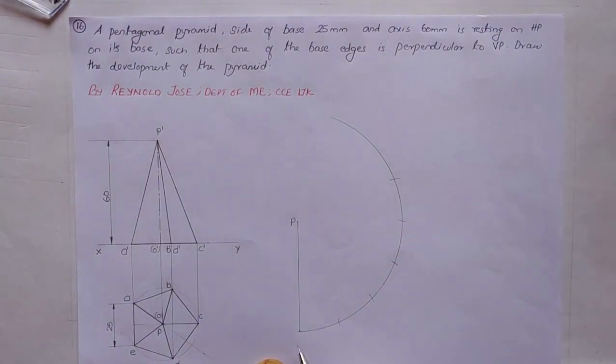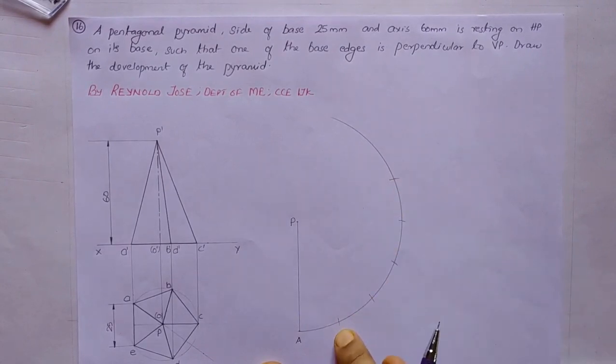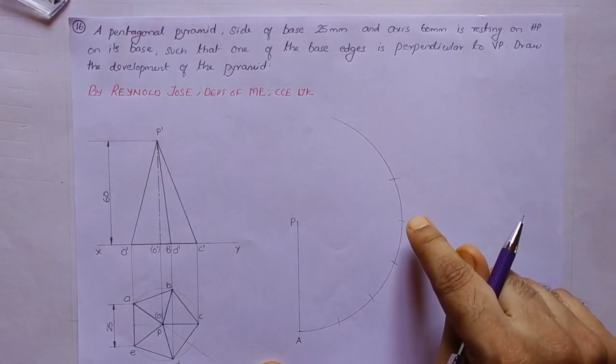Now let us assume that we are unfolding the solid along slanting edge PA. So this point is A and this point is P. We shall assume that we are unfolding the solid with respect to the slanting edge PA. So we mark here point A, and simultaneously these points will be B, C, D, E and A.